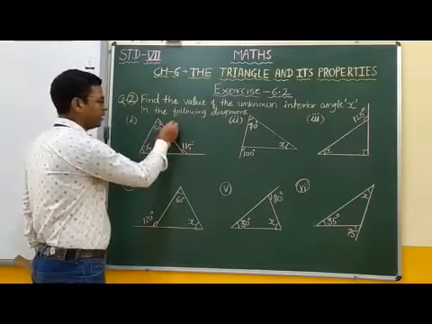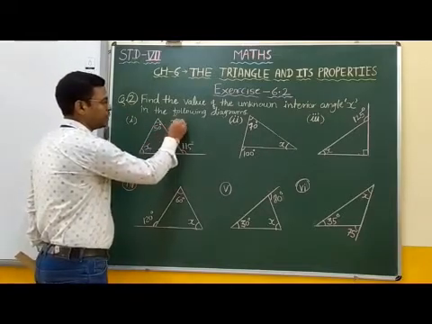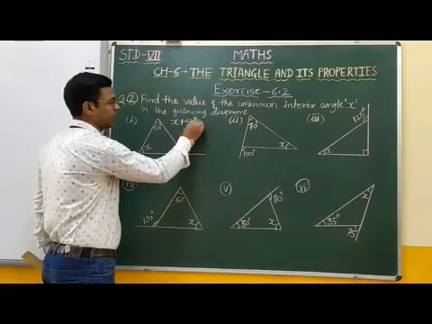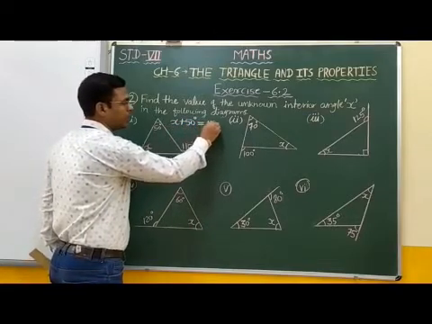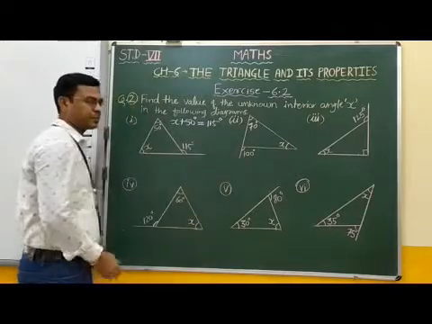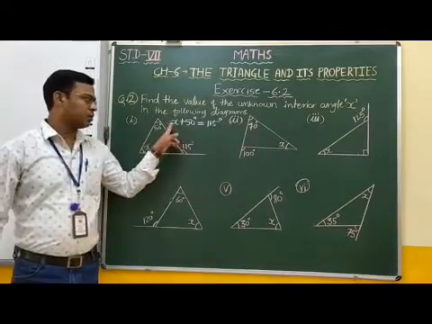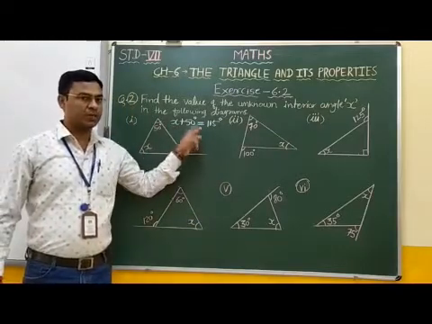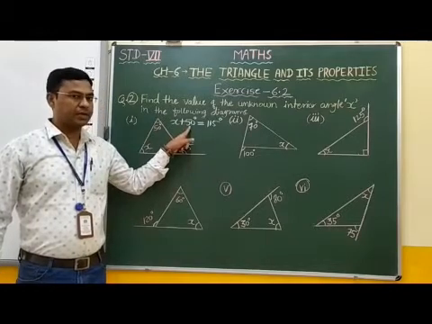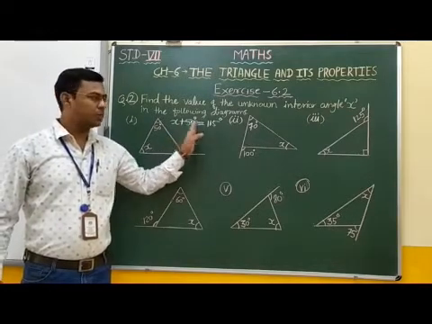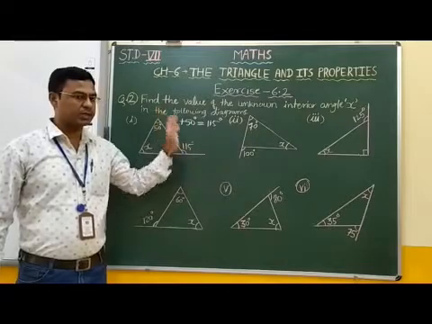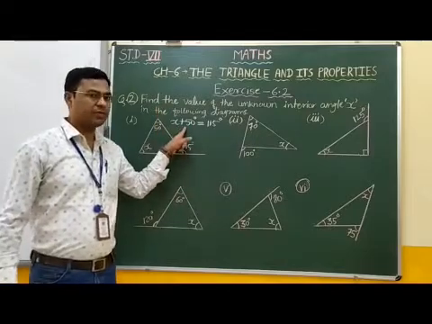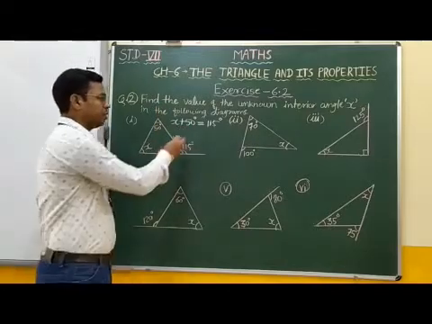Therefore, we write here x plus 50 degree is equal to 115 degree. Now, this is a simple equation. This 50 degree is transposed from LHS to RHS. Therefore, its sign will change.